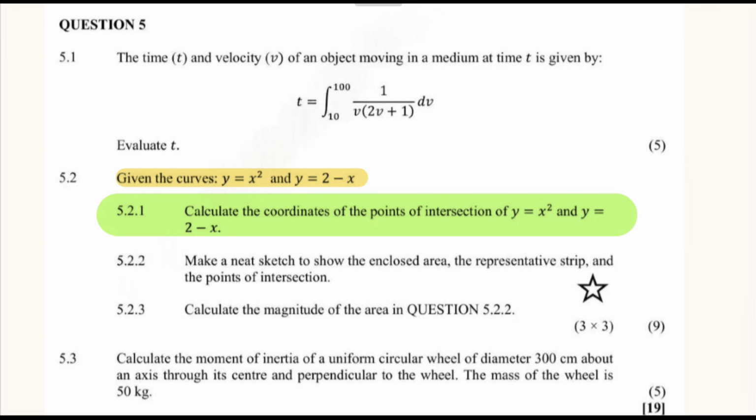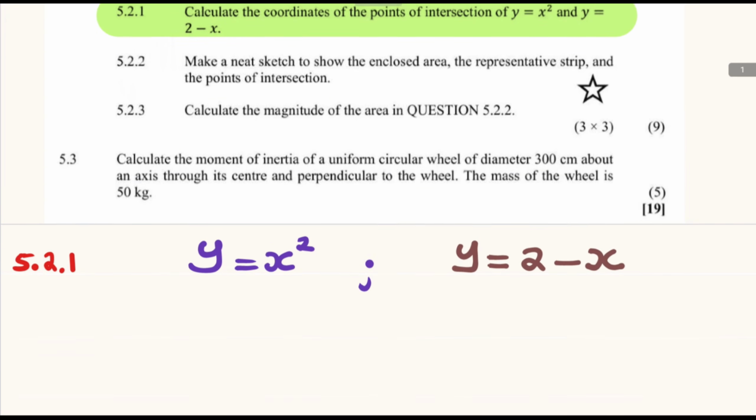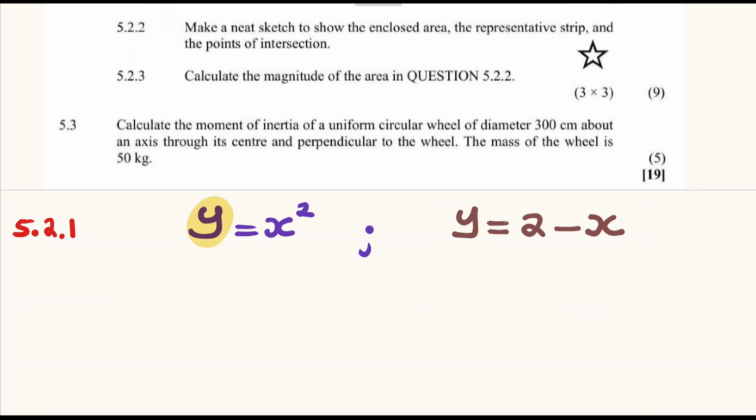Question 5.2, we are given the curves y is equal to x squared and y is equal to 2 minus x. 5.2.1, we calculate the coordinates of the points of intersection of these two functions. So to determine the coordinates of the points of intersection, we simply equate the y's. So x squared will be equal to 2 minus x.